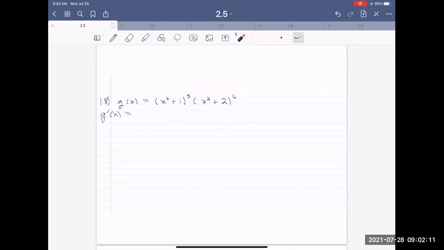So take the derivative of the first. Well, bring down the exponent out front, evaluated at where I've subtracted 1 from the exponent, times the derivative of what's inside. So this is the derivative of the first times the second.